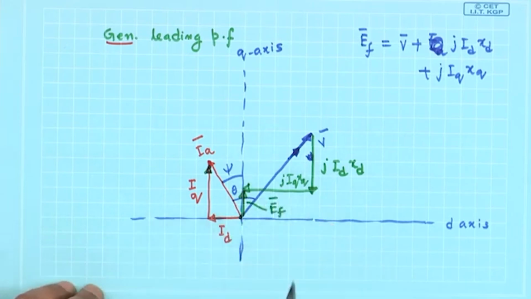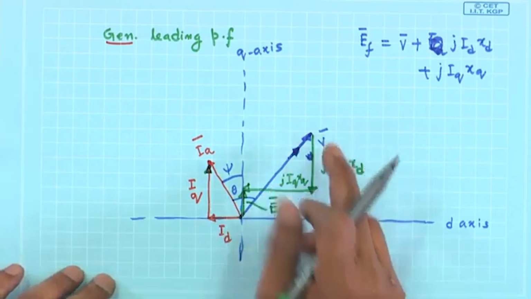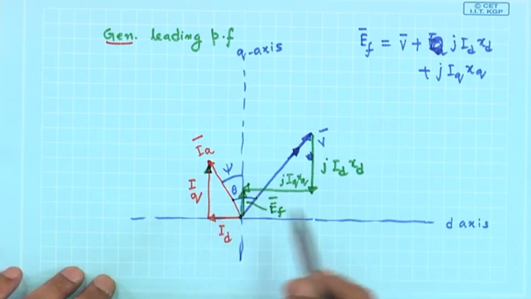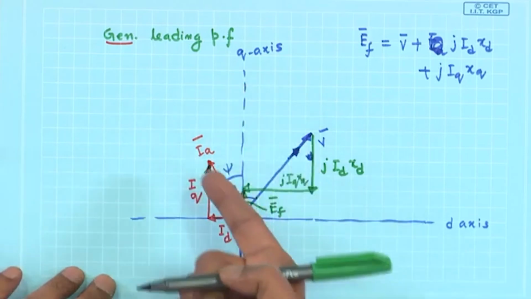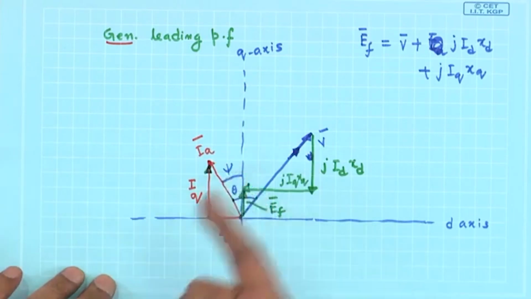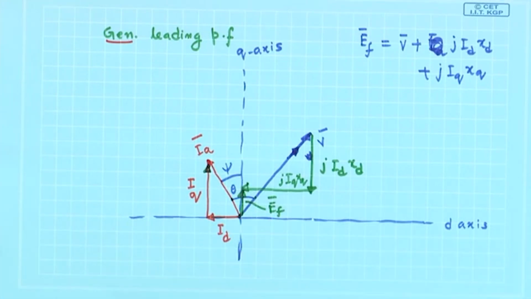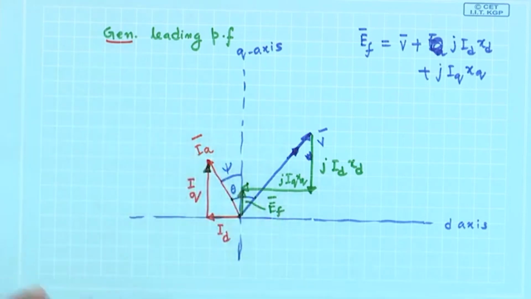Got the point? So, everything is in place. Generator at leading power factor: V is always behind EF, the power factor angle is the angle between V and IA, the internal power factor angle is the angle between EF and IA. EF is along this line and IA is here. So, this will be psi and this will be the phasor diagram when the generator is supplying leading power factor.